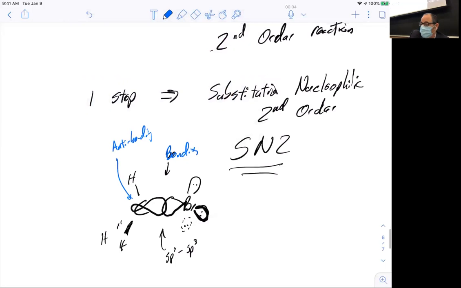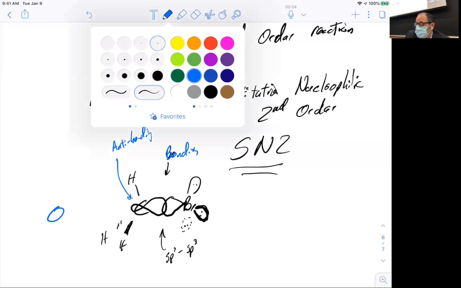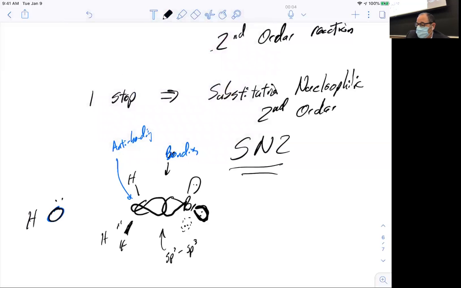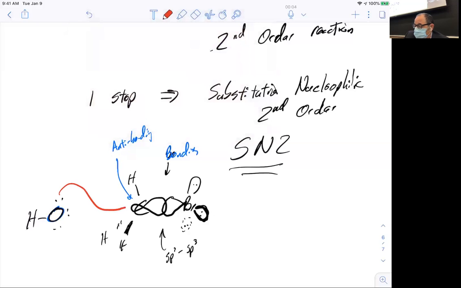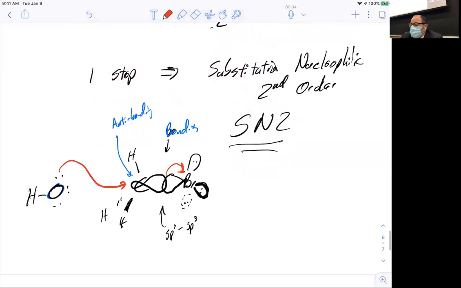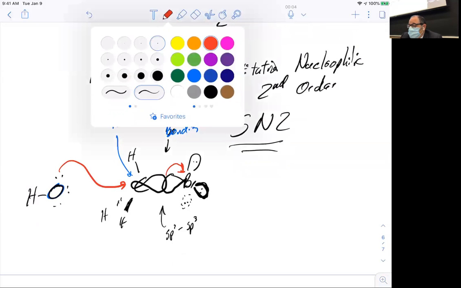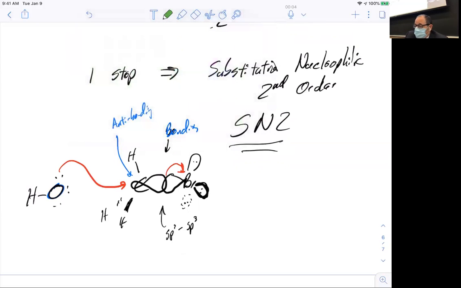So what we have here is an anti-bonding empty orbital that the oxygen, in this case, with its lone pairs, is going to donate its electrons into. And then this bond is the one that's going to be breaking. So we call this a backside attack.